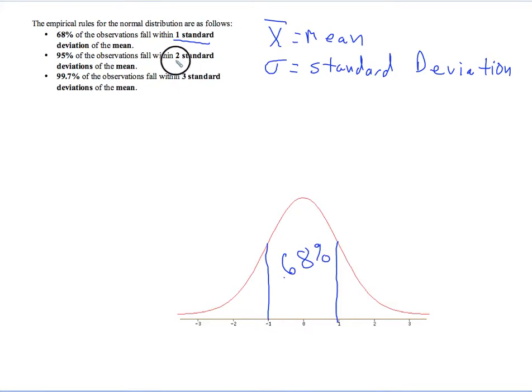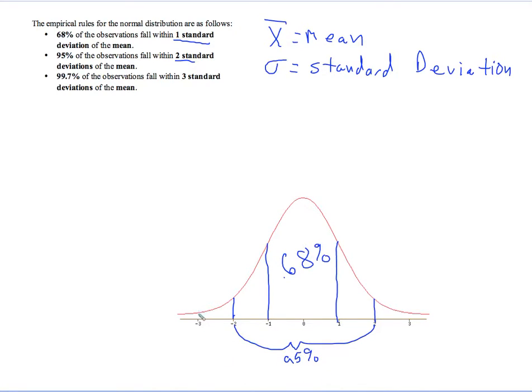Now within two, so from here to here, within two standard deviations, I have 95% of my data.